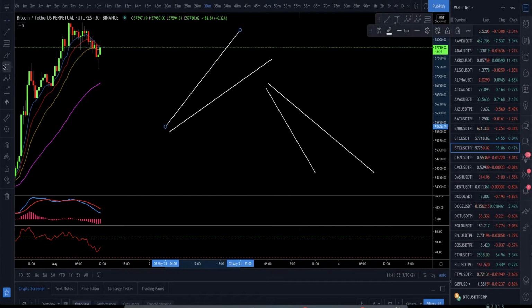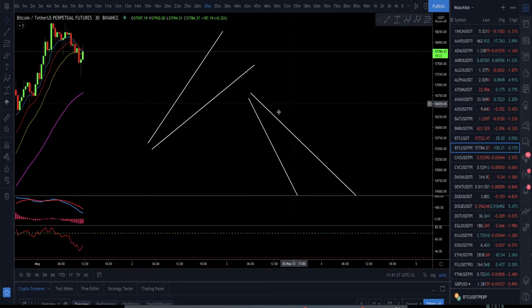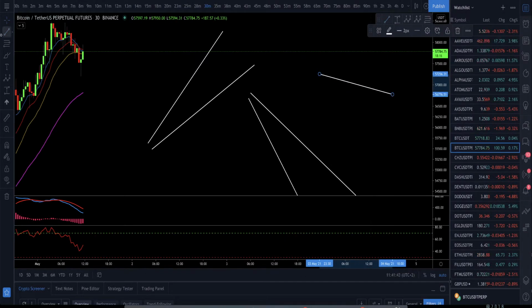And the other one is the triangle, right? Normally the triangle is like that to break out, right? Up or down. But what I'm going to do is how I use the triangle.